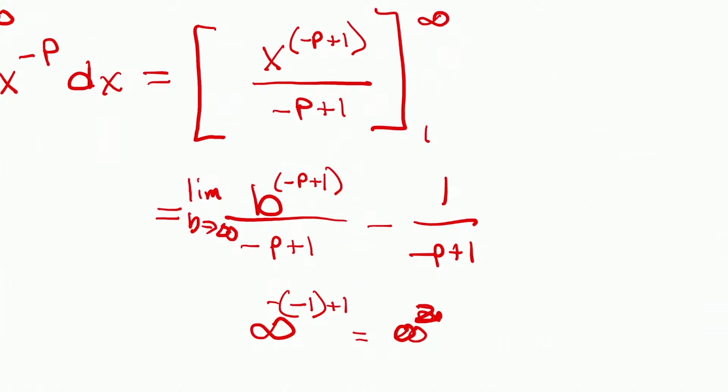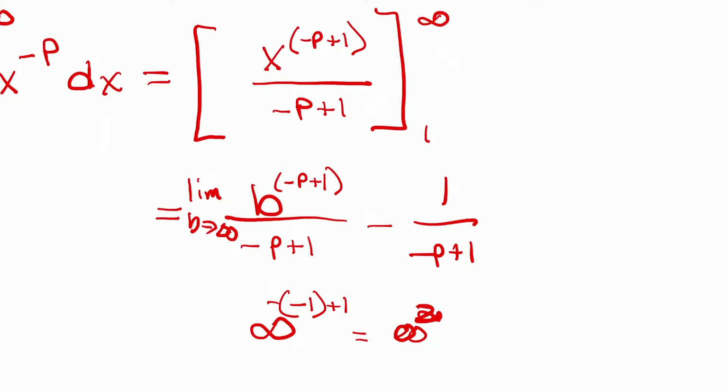But anyway, if p was negative 1, then you'd have infinity squared, which is infinite, diverges. If, on the other hand, I had p equals, say, 5, then you have infinity to the negative 5 plus 1, which is infinity to the negative 4. That's 1 over infinity, which is 0. So you're good. Does anyone see where the dividing line is between convergence and divergence?